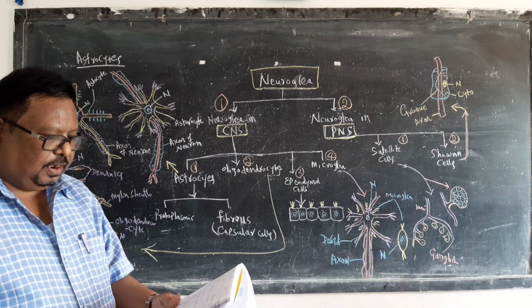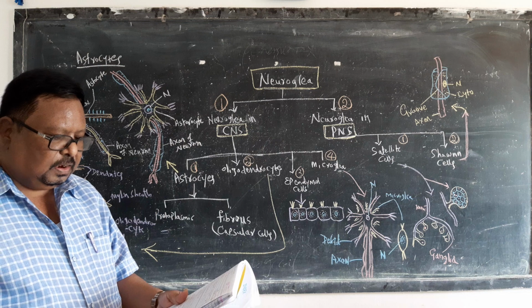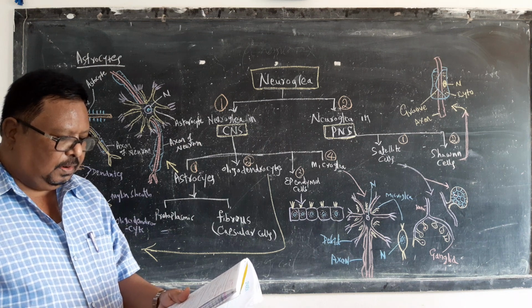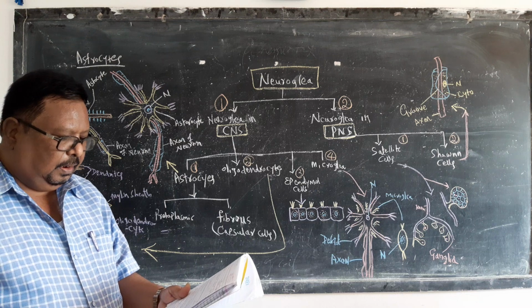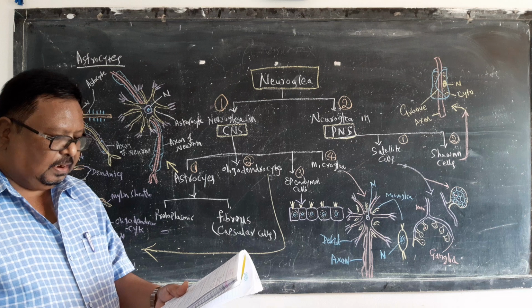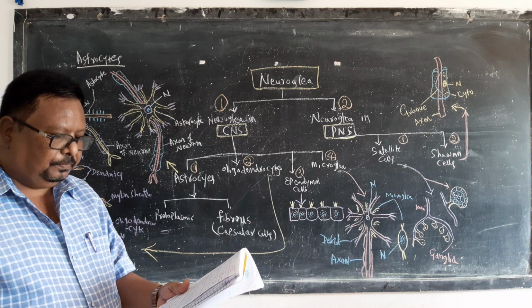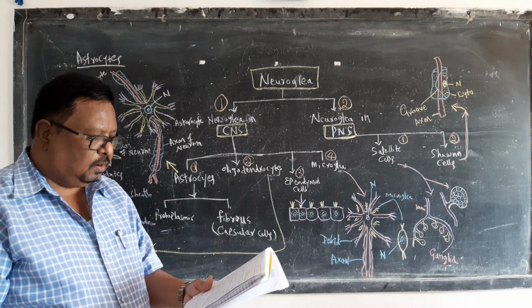Now coming to the astrocytes, these cells are small star-shaped cells with processes, and are more abundant in the central nervous system. The processes are flattened and leaf-like, and they surround and separate the neurons.